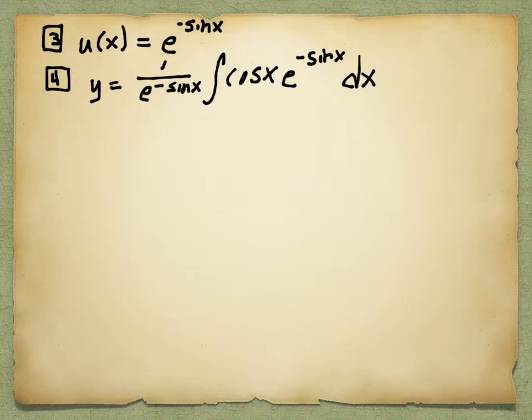Is everybody good with all those pieces? Okay, now what? How are we going to do that? We're going to use substitution, right? You bet. So if u is negative sine x, what is du?